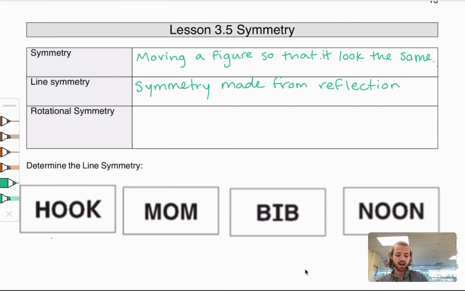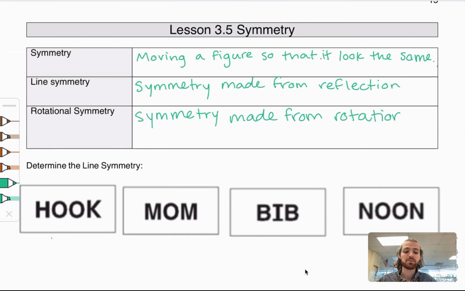Rotational symmetry, as you might imagine from the name, is symmetry made from rotations. And we will look at both of these here to see what is happening.